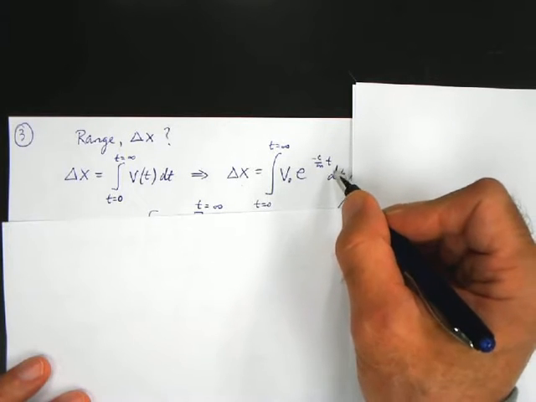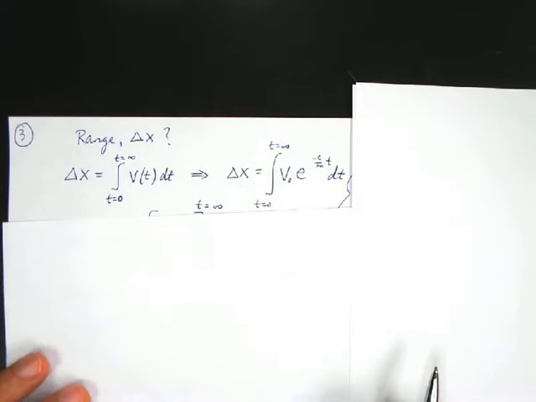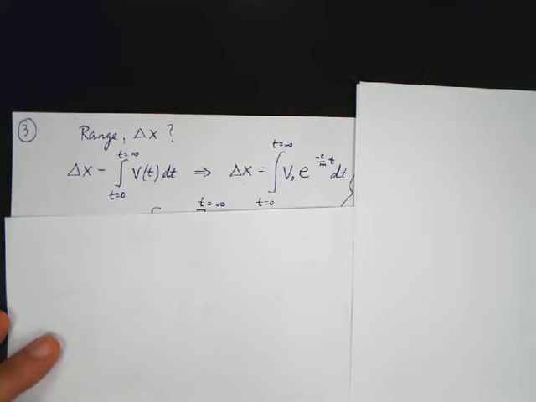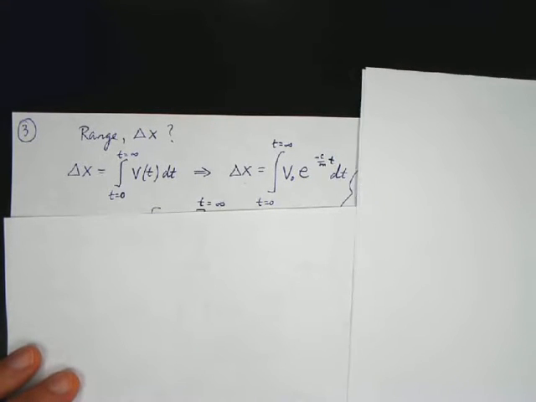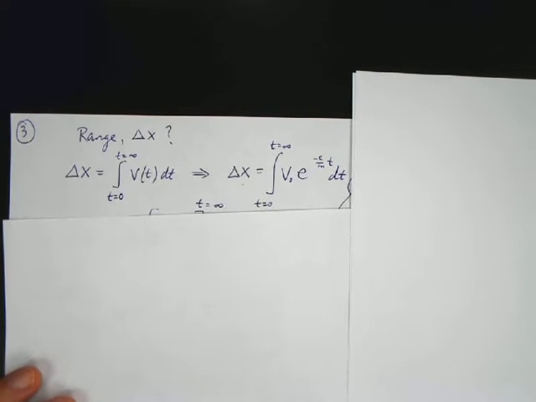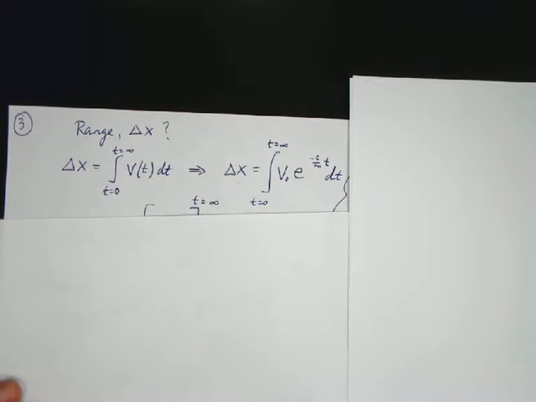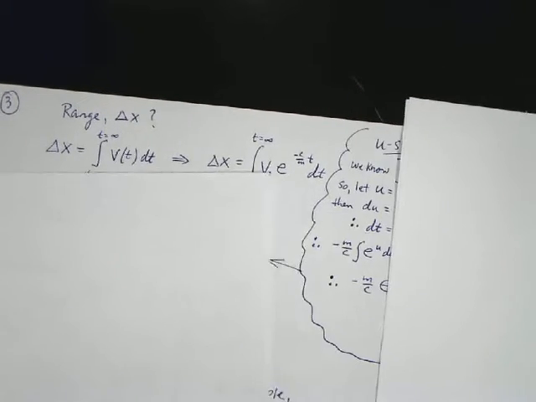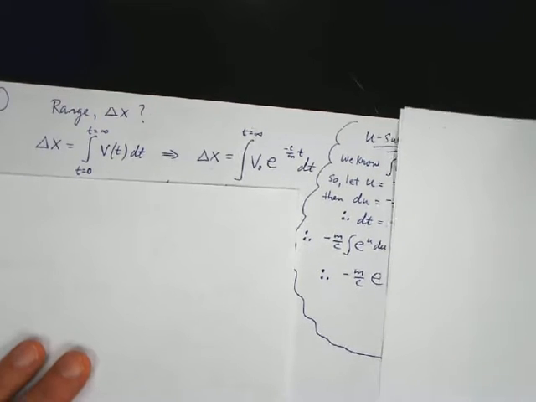And in terms of our velocity for this particular problem, the range, or delta x, would be equal to the integral of v naught e to the negative c over m t dt.